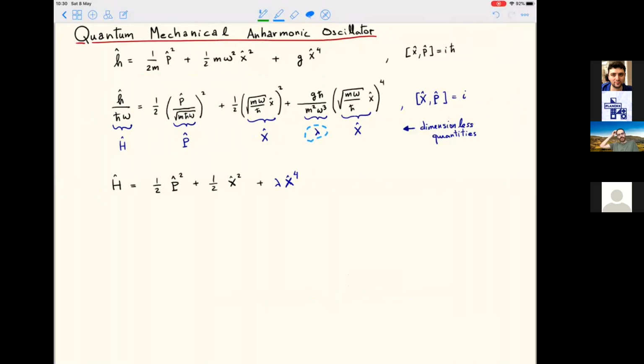This is trivial algebra, but let me do it because it just makes the problem clean. So from here on, my Hamiltonian is this dimensionless Hamiltonian, where I can always go back by following the rescaling, but let me work with this one where all the variables are dimensionless.